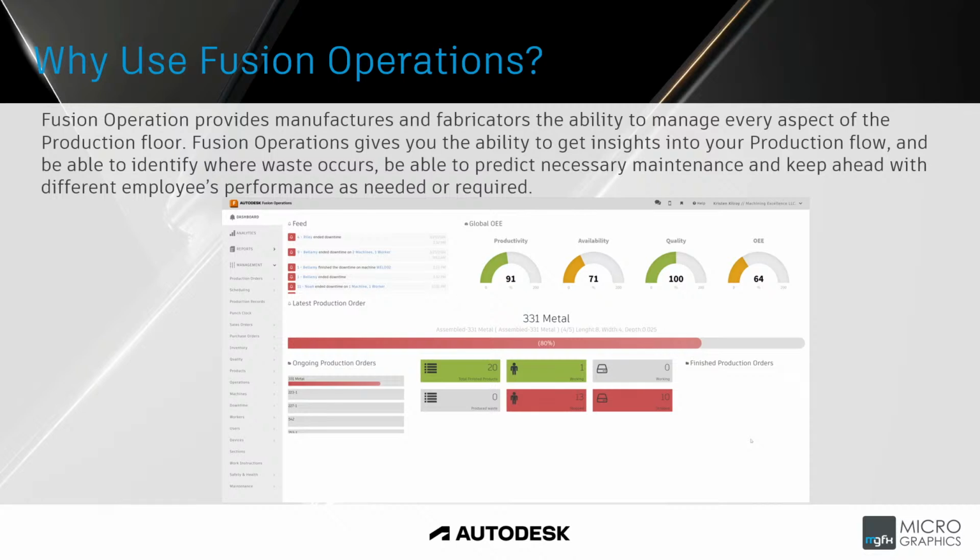On the left, you'll see the dashboard where you can get your analytics, your reports, and then set up your whole management process from production orders, scheduling, production records, sales orders, purchase orders, your inventory, your quality, products, operation, and set up your machine and workers, where you'll also be able to track your downtime, for instance, on planned maintenance on a machine, and track the productivity of workers and machines.